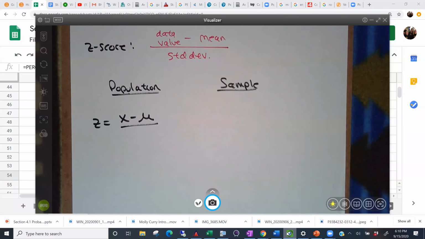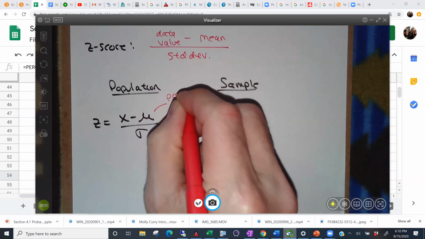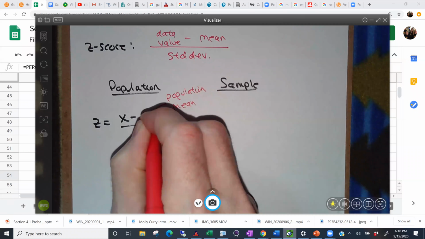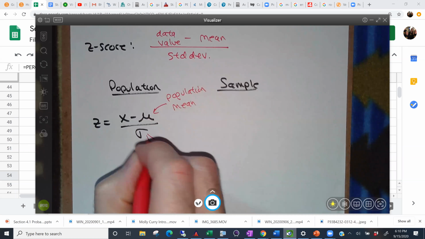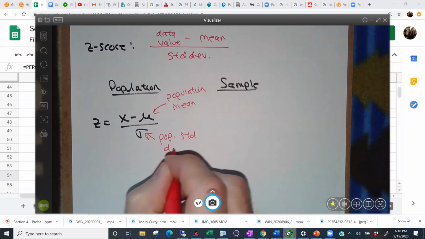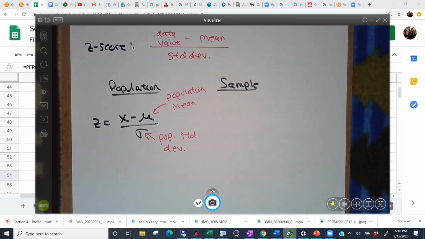That's your population mean. Divided by sigma, lowercase sigma, that's your population standard deviation. We have different symbols for these things if you're talking about a sample.